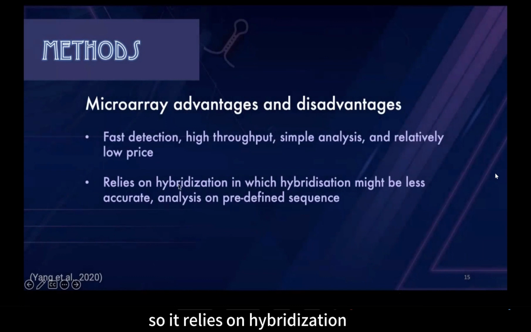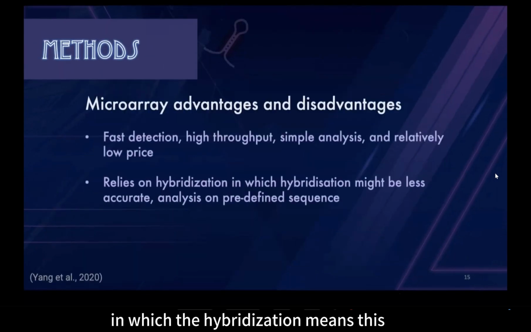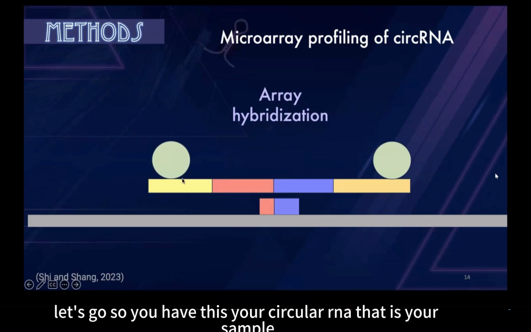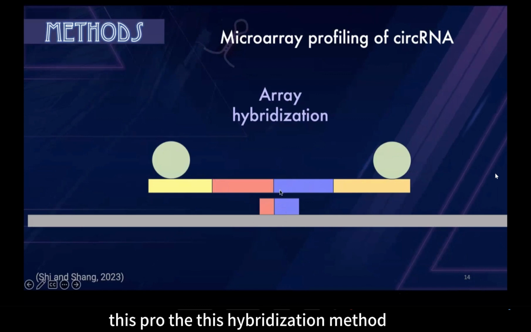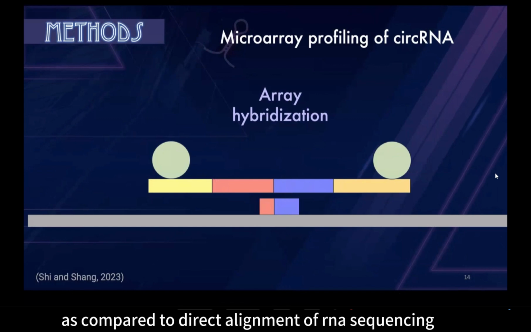Okay, yeah. So it relies on hybridization, in which the hybridization means this. So you have your circular RNA that is your sample, and then you have to hybridize on this DNA chip. However, this hybridization method will somewhat not be so specific as compared to direct alignment of RNA sequencing.